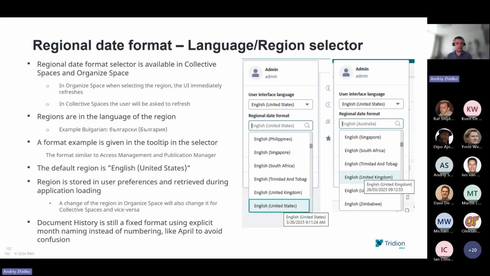For document history, because this date format is used across organized space and collective spaces, it's worth mentioning that it's still a fixed format using explicit month names instead of numbering, like April, for example, to avoid confusion.